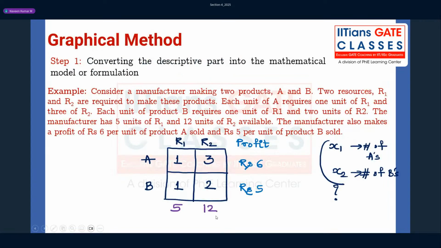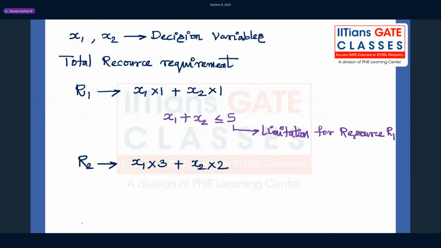The cap is 12, right? So we will write 3X1 plus 2X2 should be less than or equal to how much? 12. And I repeat again, this is the limitation for resource R2.